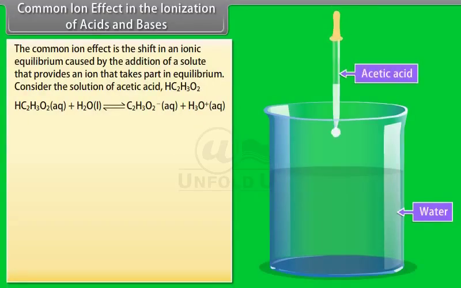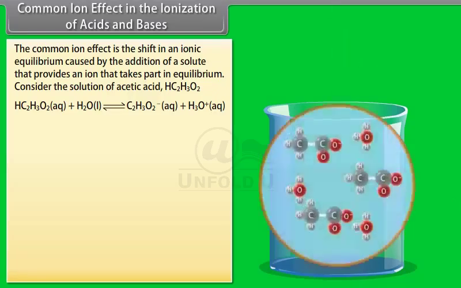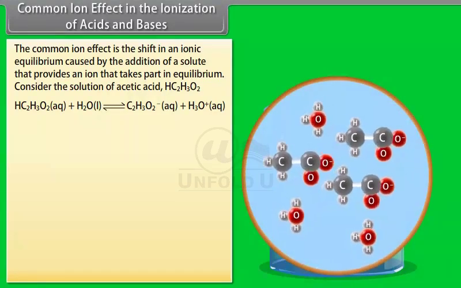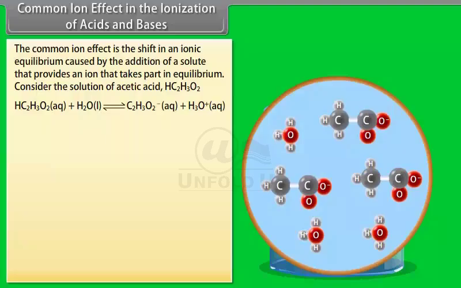Common ion effect in the ionization of acids and bases. The common ion effect is the shift in an ionic equilibrium caused by the addition of a solute that provides an ion that takes part in equilibrium. Consider the solution of acetic acid, HC2H3O2.